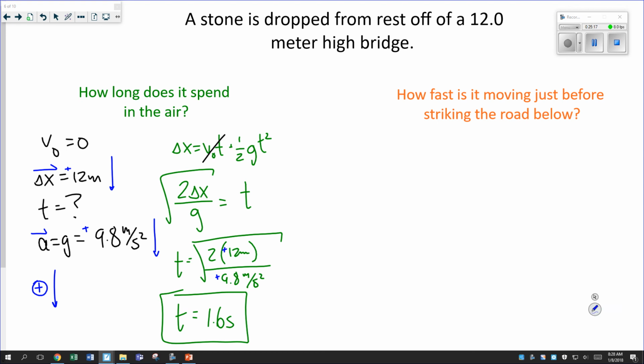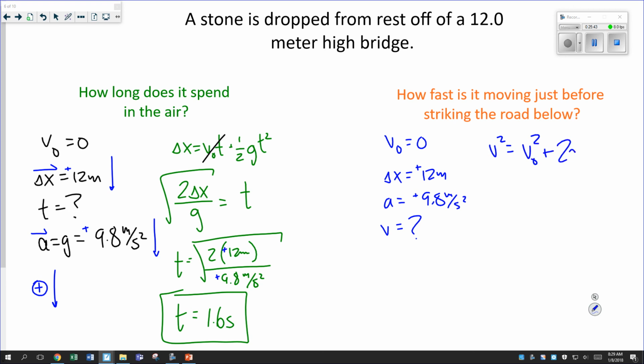How fast is this object moving just before it hits the road below? Well, we still get to say, watch this, 12 meters. Let's still call that positive. A is positive 9.8 meters per second squared, and we want V final. Well, there is an equation that has those things in it, and it's this. V squared is V naught squared plus 2g delta x.